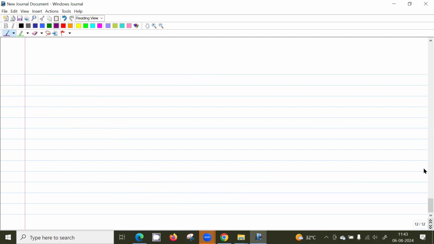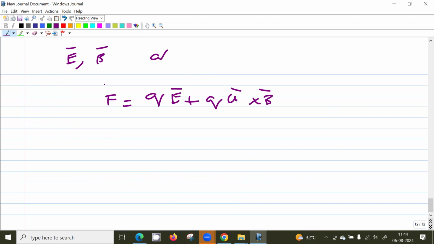see, whatever the electric field and magnetic field given, and the charge, some charge. Okay, so I can write this force equation Q E plus Q V cross B. Okay, and this force is nothing but mass into acceleration. Okay, the acceleration I can write as m into dv by dt.